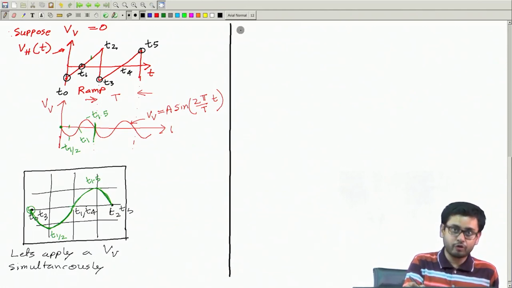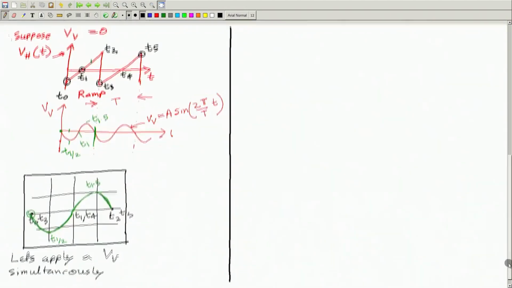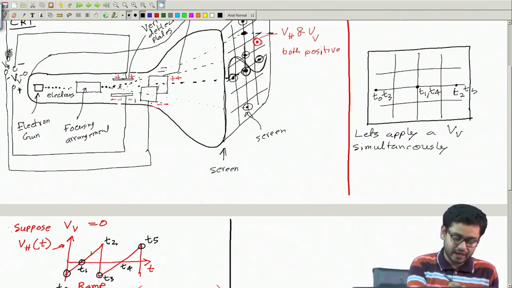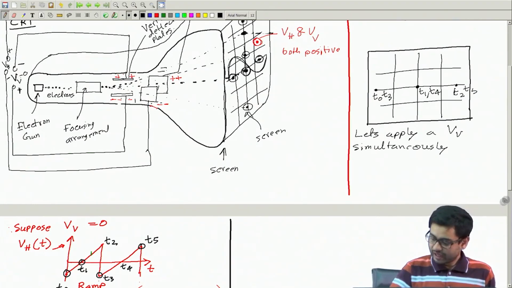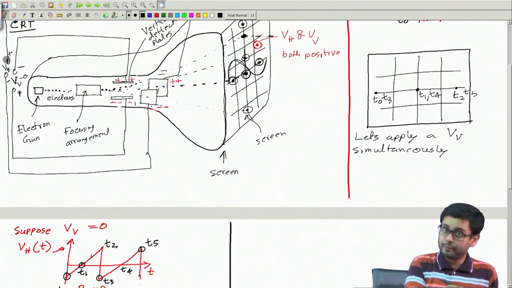Now if you want to measure or see any other waveform, the waveform that you want to visualize is to be applied across the vertical plate here. This is where you apply the waveform which you want to see. We can have amplifiers or attenuators before that, and we have studied a lot of amplifier circuits.